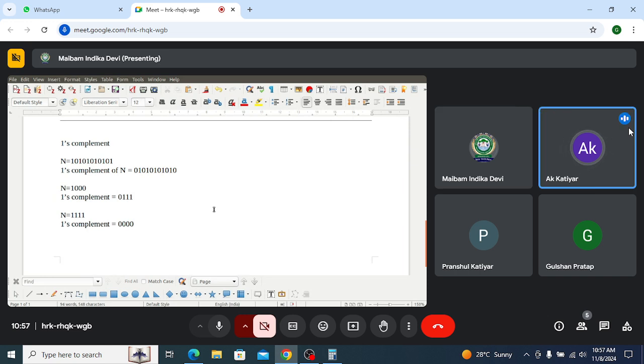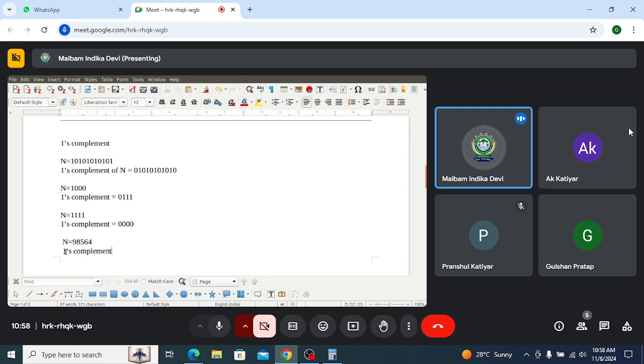Yes, ma'am. So this is about R's complement, it is very easy. If N is a decimal number, suppose N is 98564, it will be called the 9's complement. So the 9's complement will be just subtract from 9. How many digits are there? 1, 2, 3, 4, 5.